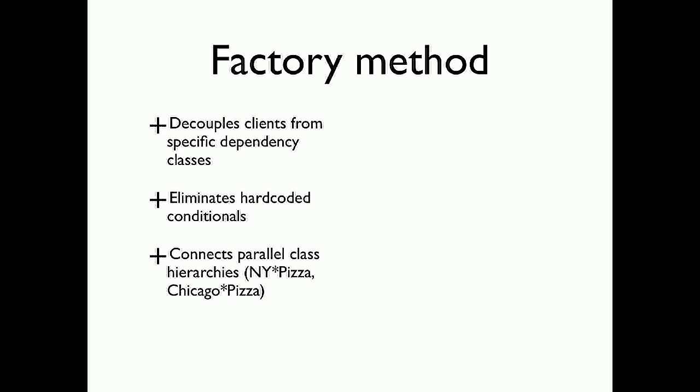The class hierarchies pertaining to our different types of pizzas are connected to the pizza store they belong to. If we are to add new domain classes, pizzas, we have to make sure that factory methods are updated so that they can create those pizzas.